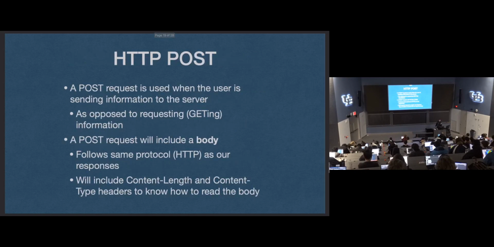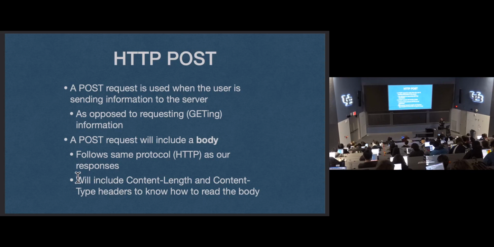With POST requests, this is the request type we use to send information to a server as opposed to getting information from the server. And when we send POST requests, we saw this if you did the end of homework 1, or if you're doing the end of homework 1, you'll see this. But if not, let me just quickly refresh. Any POST request sent to your server is going to follow the same format as your responses, meaning they'll have content length and content type headers.